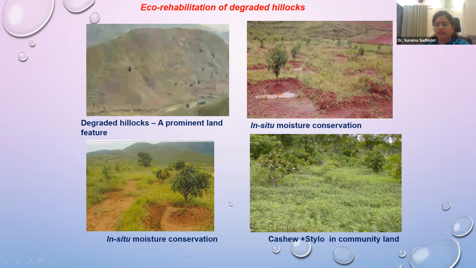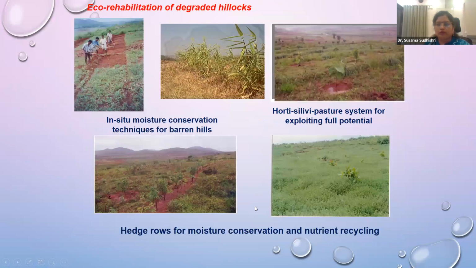So we have developed different in-situ water conservation practices, like micro catchments. We have planted mango plants, and this is the hortipasture. This is the plant for cashew and stylo. This is nutrient rich, so it will enhance soil health as well as reduce splash erosion right here. So these are the things we can do in the catchment of a reservoir to reduce siltation.